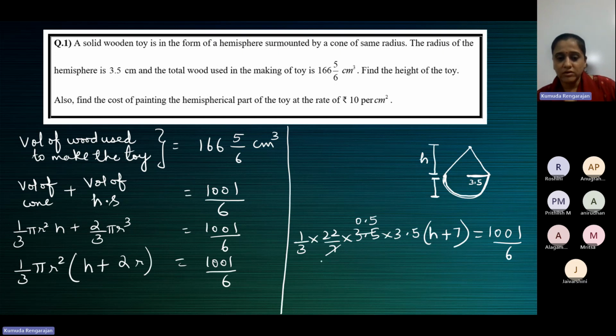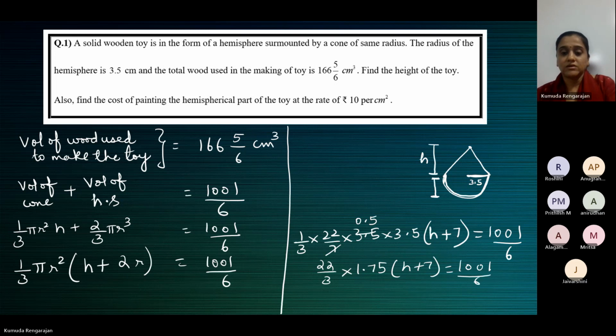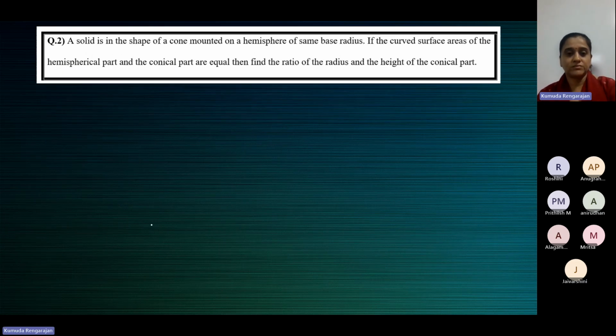So here we have 22 by 3 into 3.5 into 3.5. When you multiply, it's 1.75 into H plus 7 is equal to 1001 by 6. We'll transpose.